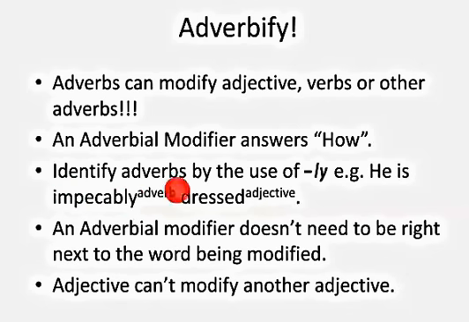So look at this sentence: he is impeccably dressed. Who is dressed? Somebody is dressed. I'm also dressed right now. Anyways, when you look at dressed, it's an adjective. And what is modifying it? Impeccably. That's an adverb.